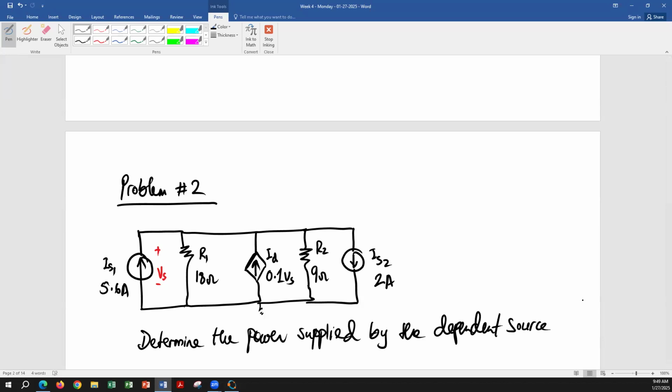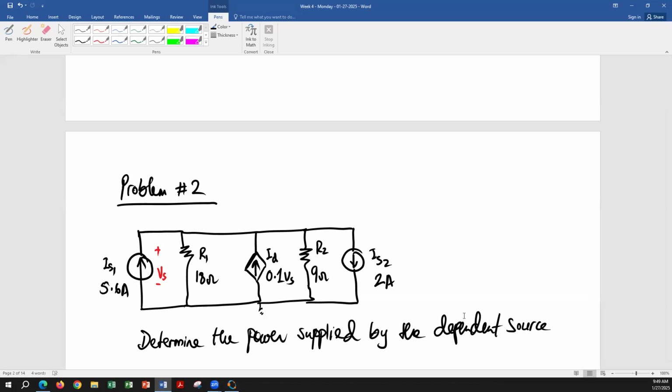Okay. Power supplied by the dependent source. That's what we need to figure out in this problem. All right, who's going to tell me how we're going to figure out the power delivered by the dependent source?